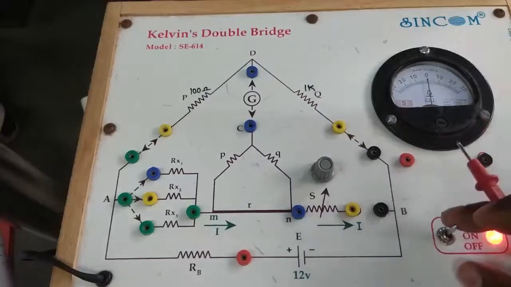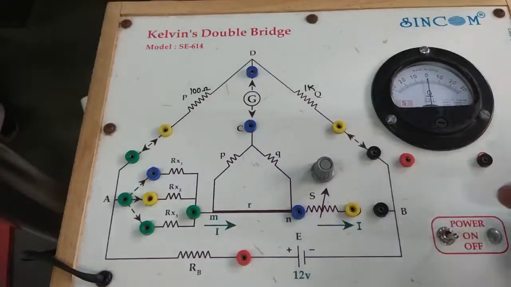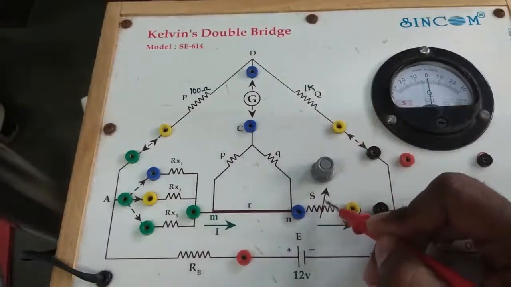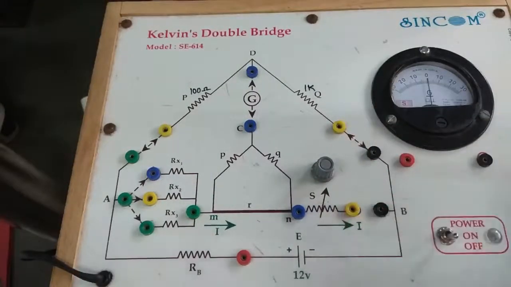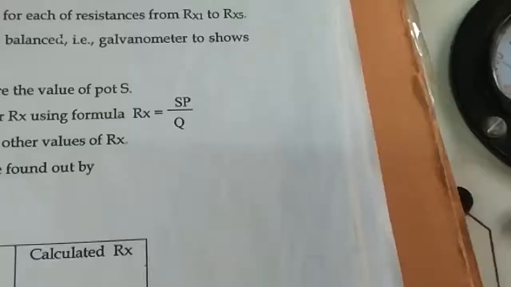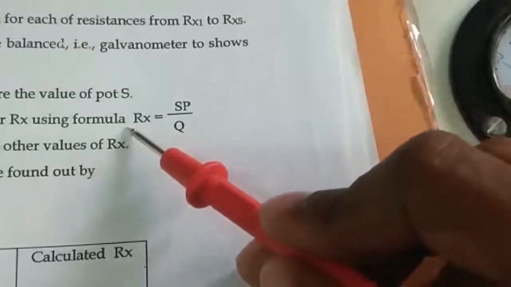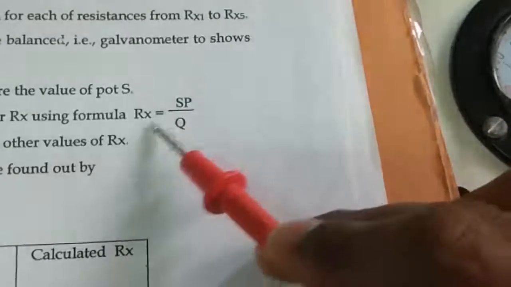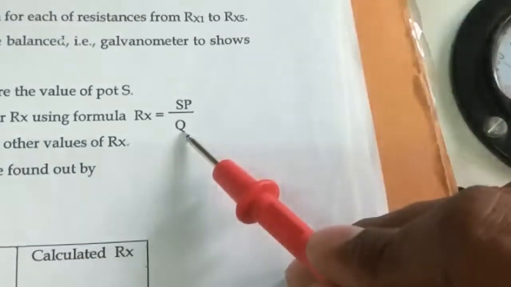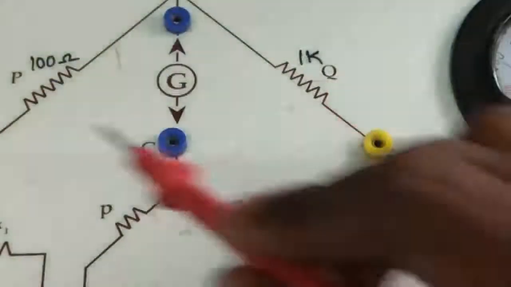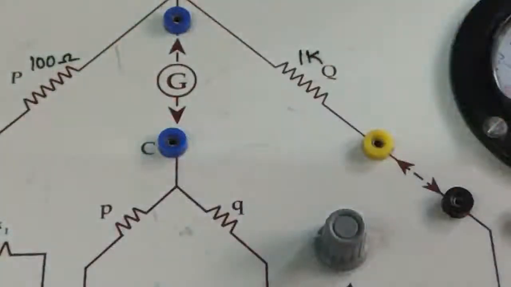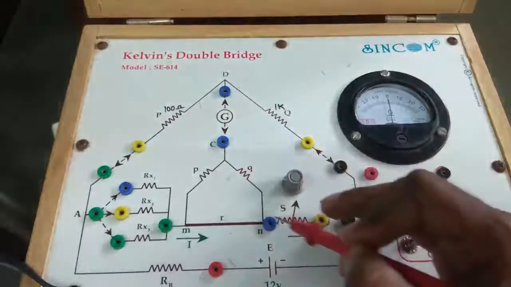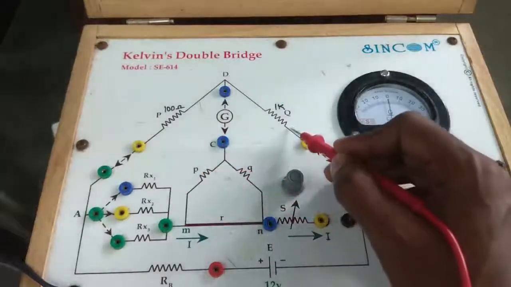This is the power supply switch, and this is the adjusting knob to vary the variable resistor S. So, for finding the unknown resistor, our formula will become Rx equal to SP divided by Q.